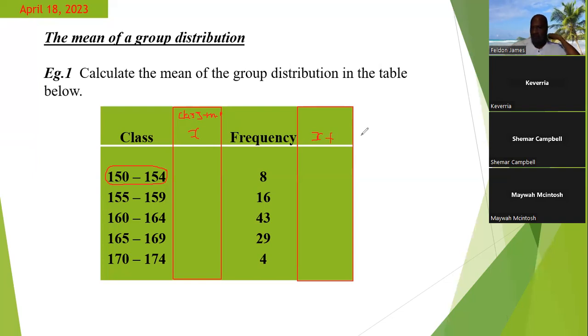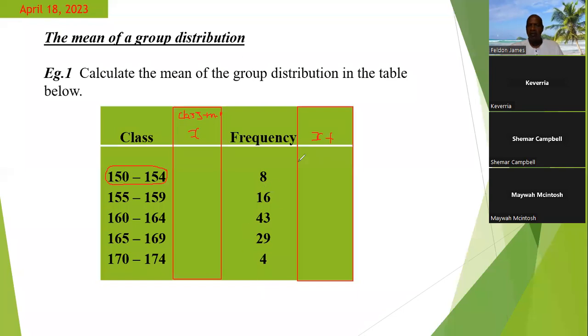So what you'd have to do is calculate all of your class midpoints. Then you use your class midpoint value to find your XF. And you add up all of those as before to get the sum. You add up all your frequency.